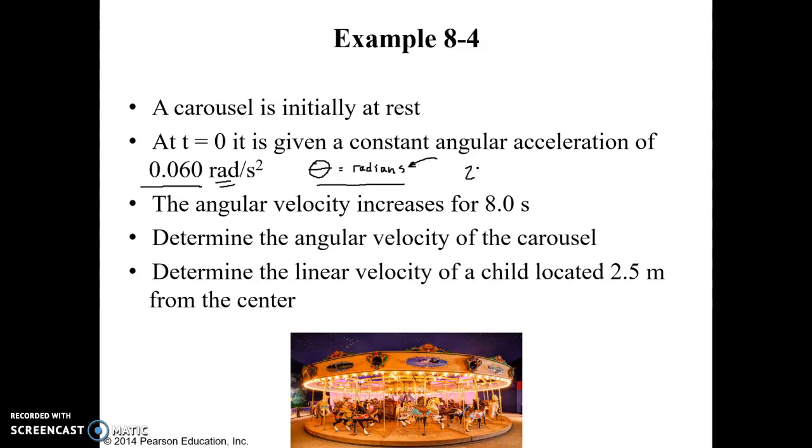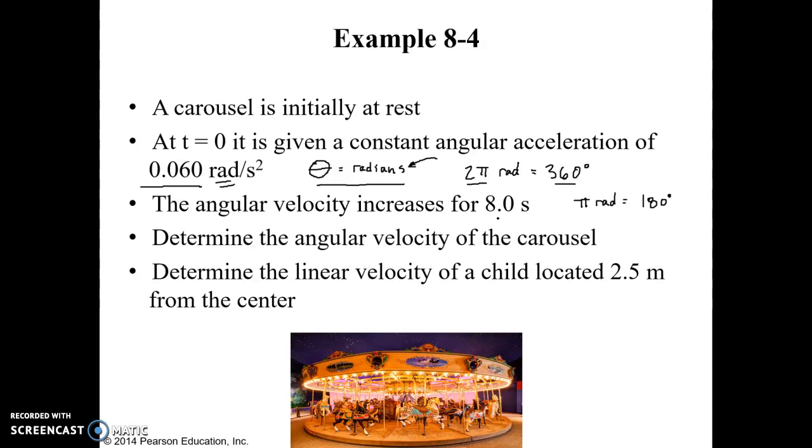And there are 2 pi radians in 360 degrees. So one full rotation in radians is 2 pi. In degrees, it's 360. So we could also say that pi radians is equal to 180 degrees. So just keep that in mind.